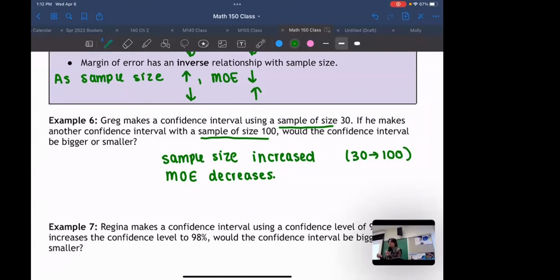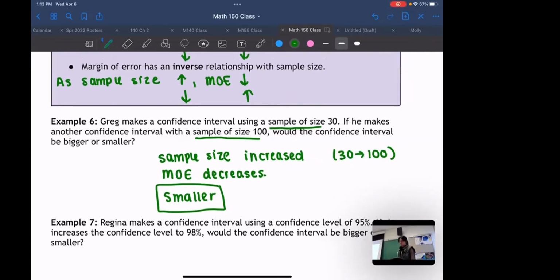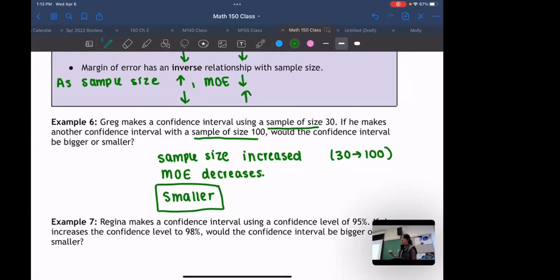So if we add and subtract something really small, well, it's going to get smaller. Okay. So to do this question, first we had to identify what actually changed, which was the sample size. We think about what the relationship is, and then that kind of tells us if we're decreasing or increasing. Any questions on example 6?